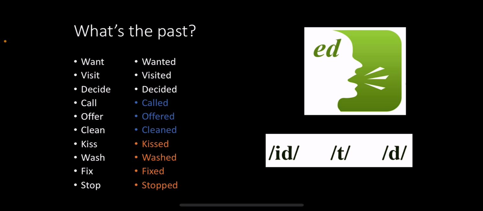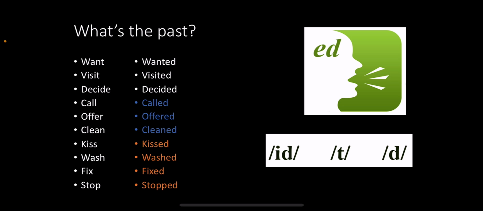So we say called, offered, cleaned. And the last verbs that are in color orange or yellowish, we pronounce them like t. So we say kissed, washed, fixed, stopped. And there is a rule, there is a reason why we pronounce the verbs differently.